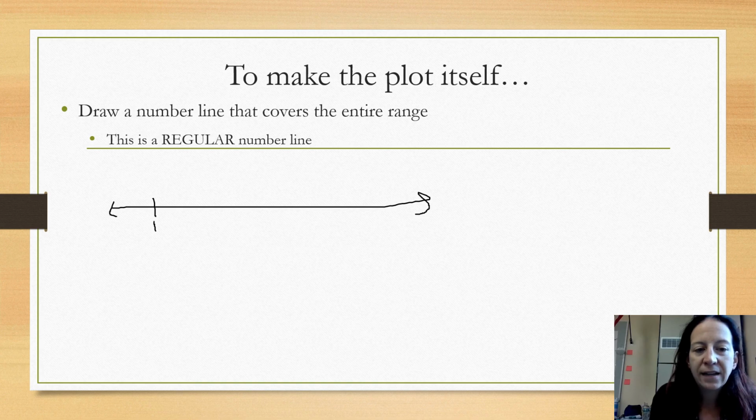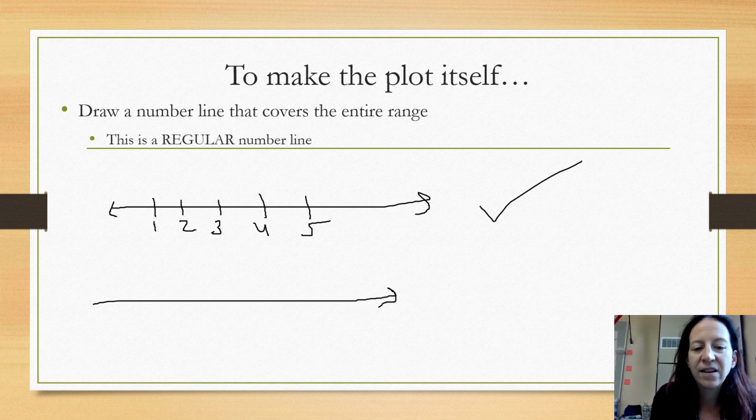If I were to ask anyone in the class to do a number line, you would do something like this, all right? No one in the class would do a number line that looked like this. At least I truly hope not.